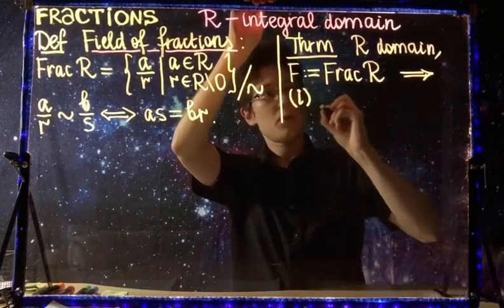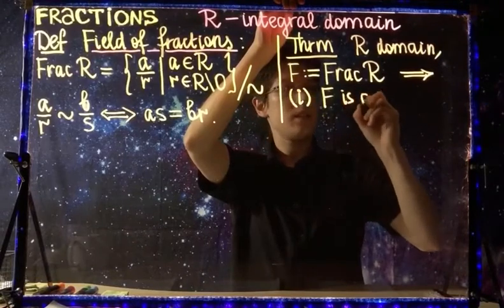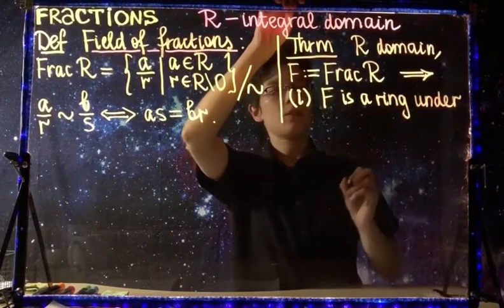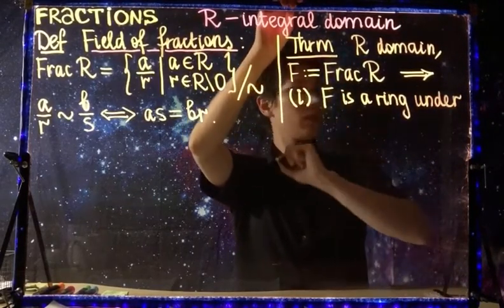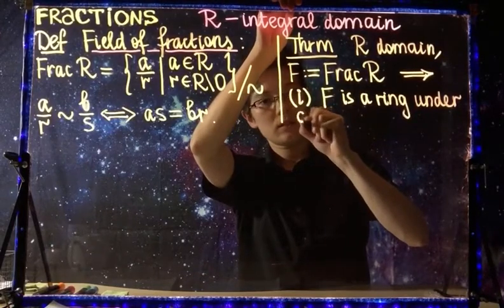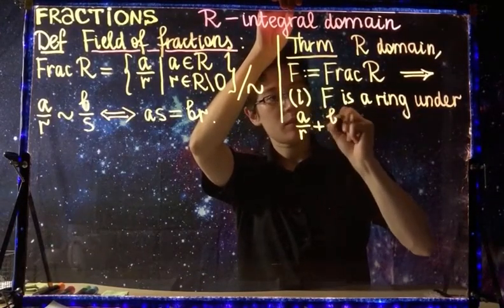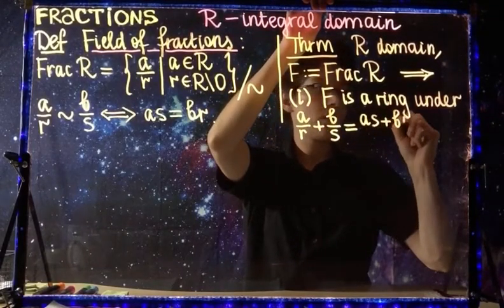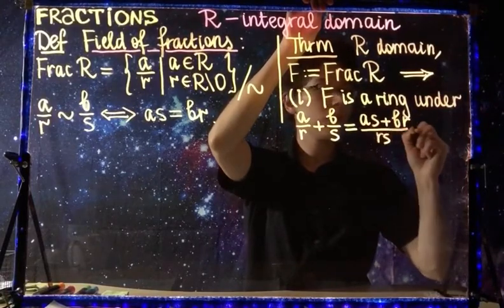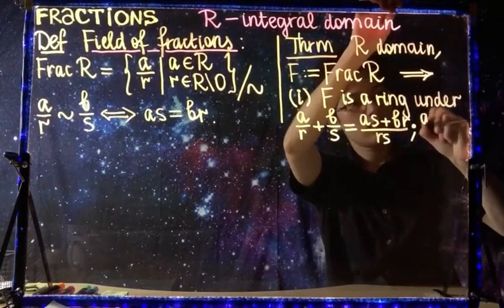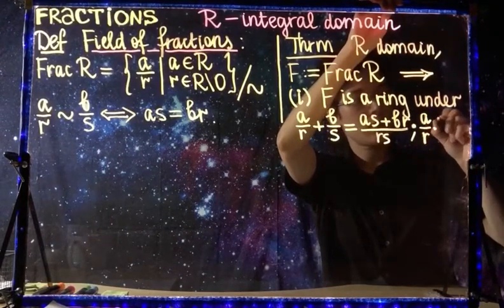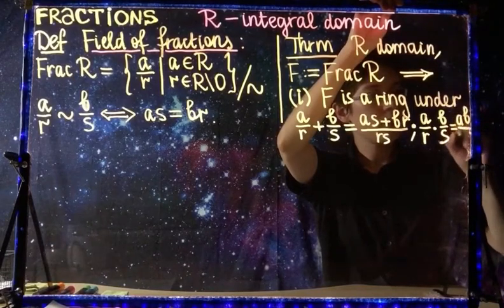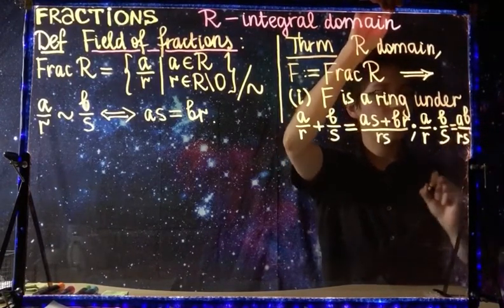Then first, F is a ring under the natural operations: A over R plus B over S is equal to AS plus BR divided by RS, and A over R times B over S is defined as the product AB divided by the product RS.